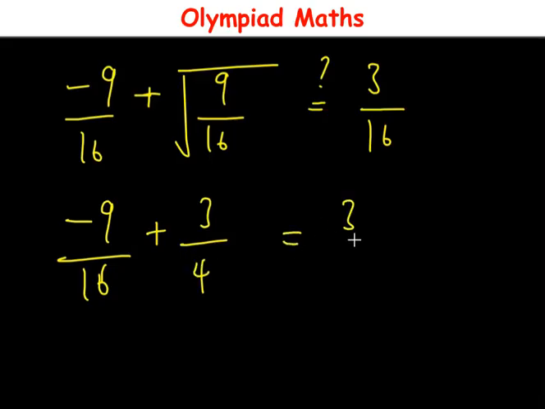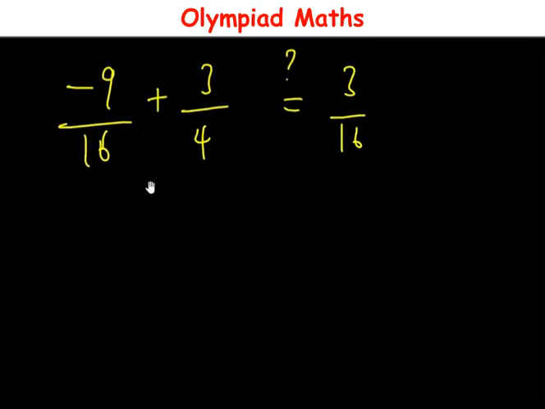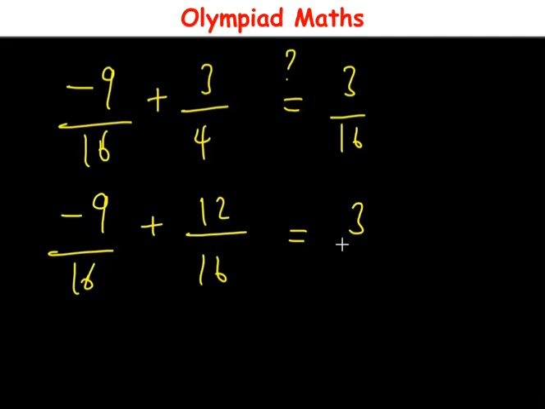With this equal 3 over 16? From here, we have minus 9 over 16, then plus, we can write 3 over 4 as 12 over 16. With this equal 3 over 16?